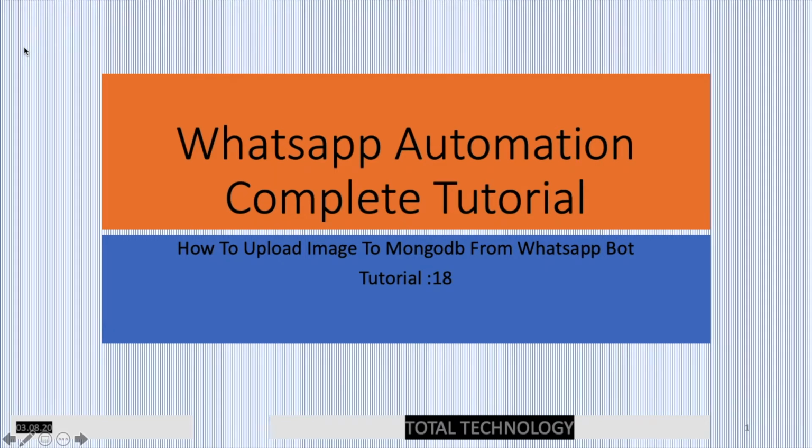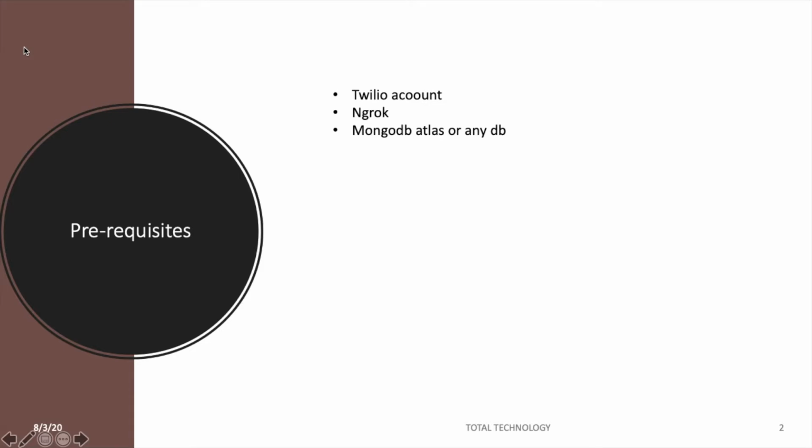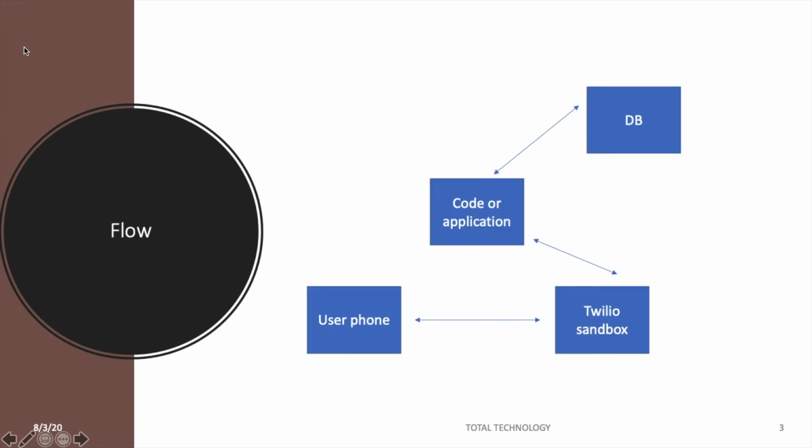Again, I am not going to discuss the prerequisite setup because it's already done. So let me quickly give you this data flow diagram. This is our local machine, or my laptop, where I'll write the code, and this is the user phone.